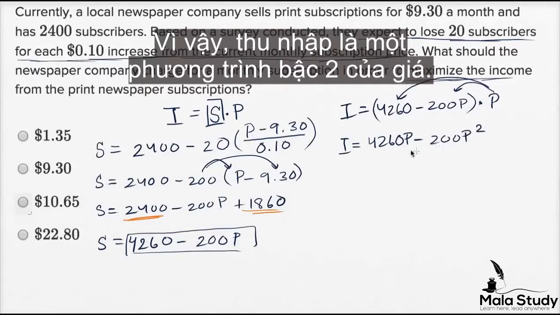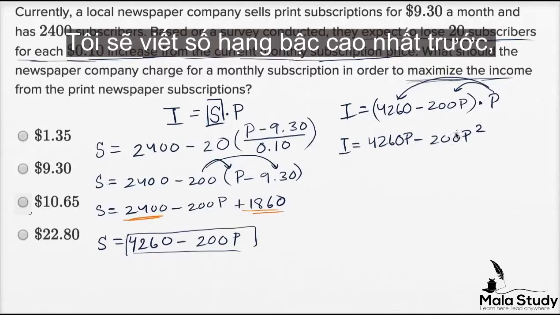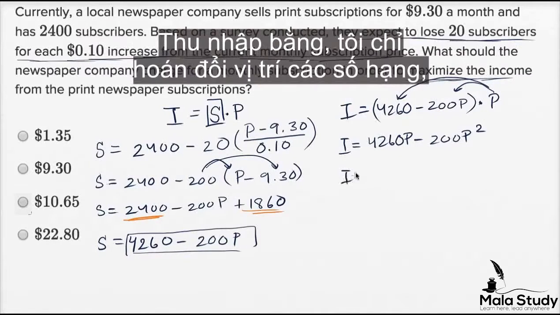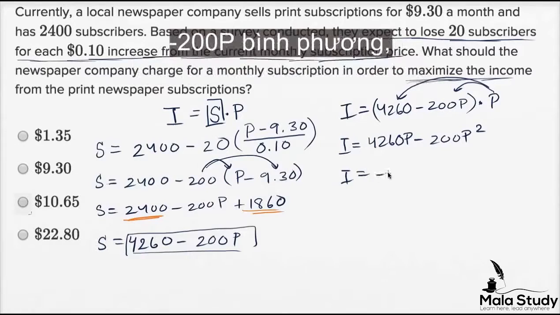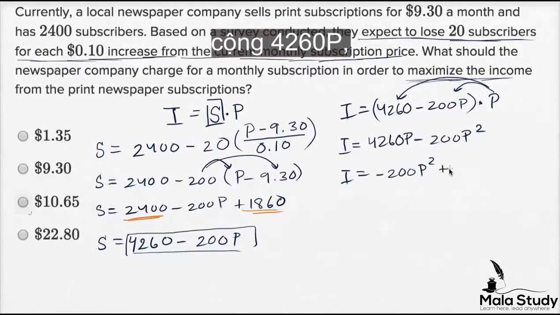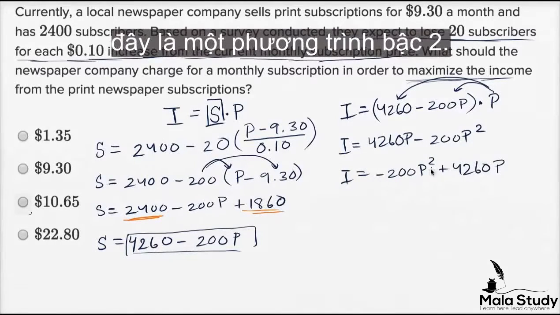So income as a function of price, it is a quadratic. And I actually like to write my highest degree terms first. So income is equal to, I'm just going to swap these, negative 200P squared plus 4,260P.